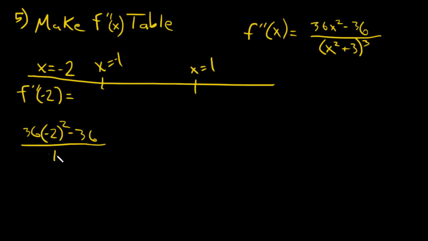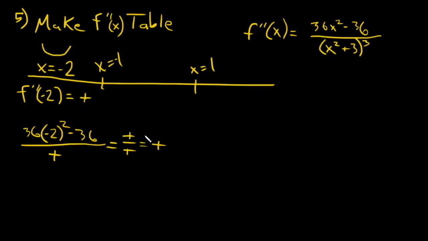So this is just a positive value underneath. So what does this give me? This gives me positive 4 times 36 minus 36. That is definitely going to be a positive over a positive. So it is positive, which means what is the behavior on this interval? It is concave up.